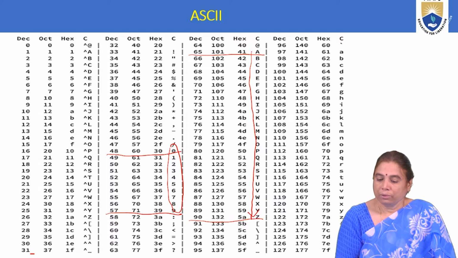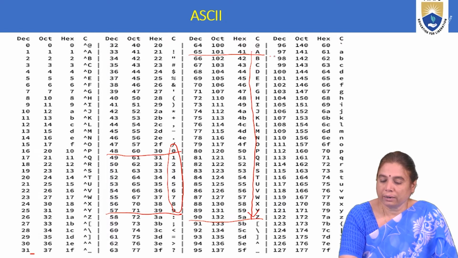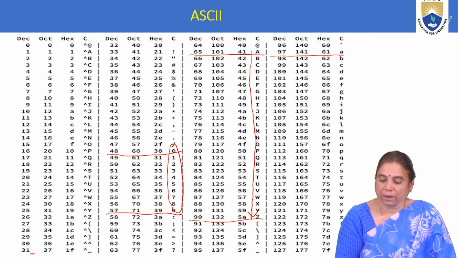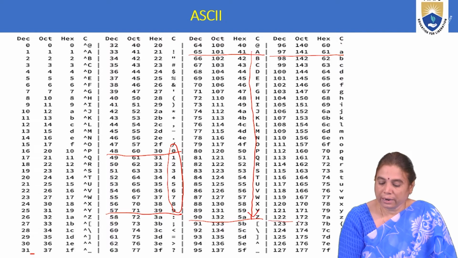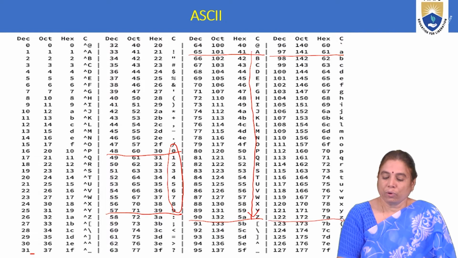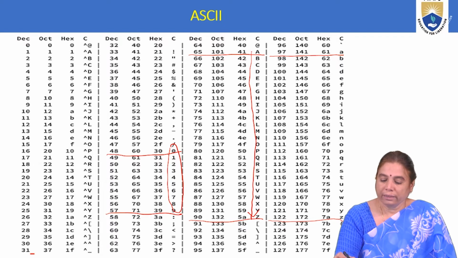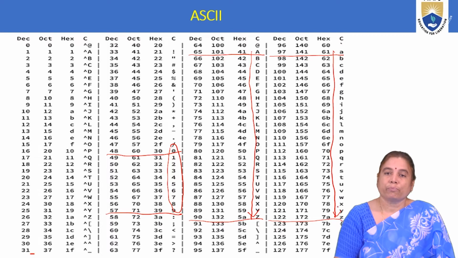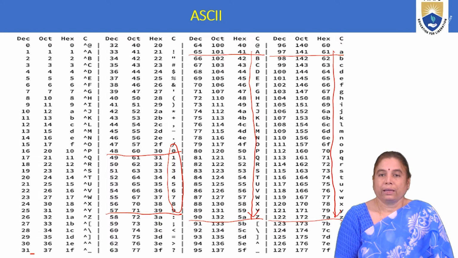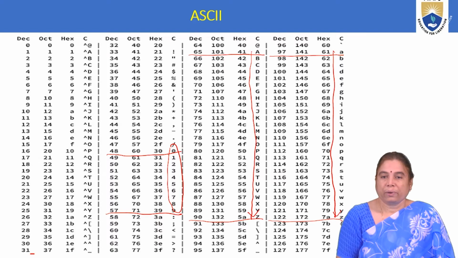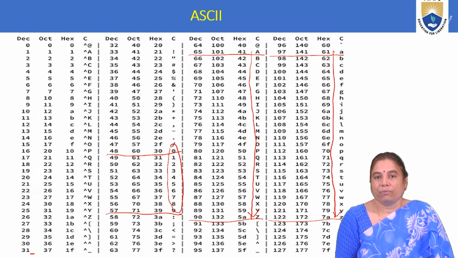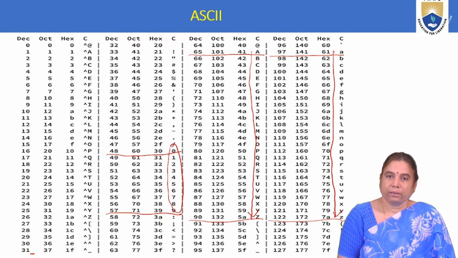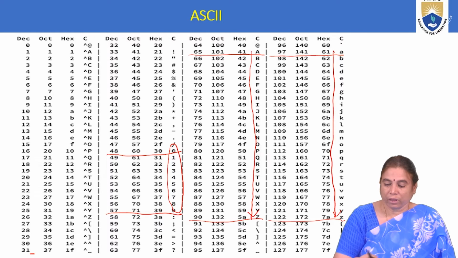The small letters start at ASCII code 97, and the small z is at ASCII code 122. So ASCII codes 97 to 122 are used to represent the small letters. Like this, a total of 256 symbols can be used to represent the varied alphabets, special symbols and all these characters. This code is called the ASCII code.